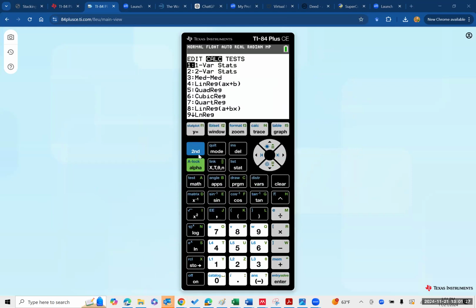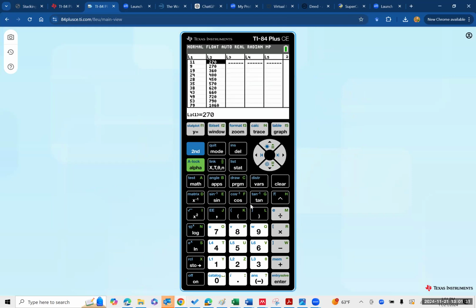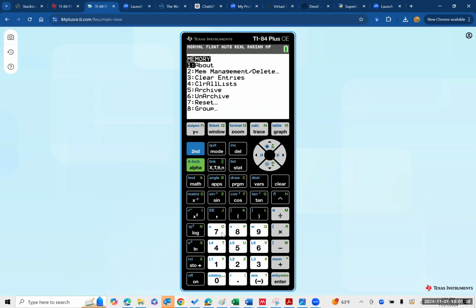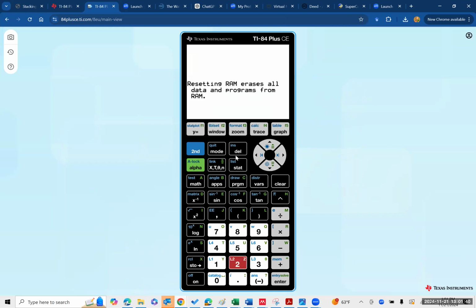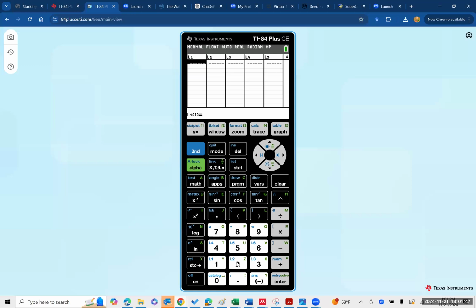Okay, so I'm going to go into my equation editor and I guess I need to quit. I need to clear all that. So I'm going to go to my, I'm sorry, my table editor, and I'm going to put in L1. It's going to be the number of rows. And I think if we go that far, we should have plenty to work with.